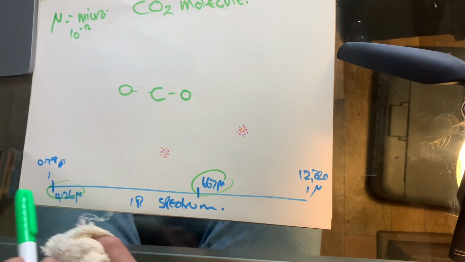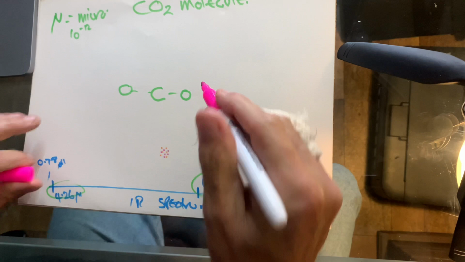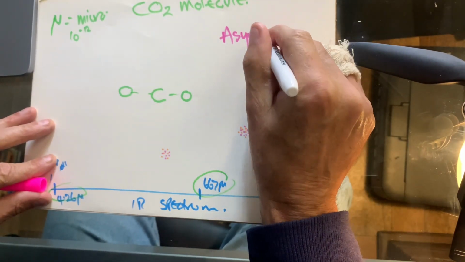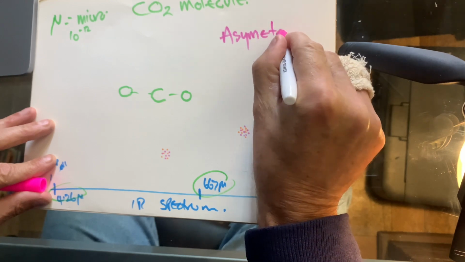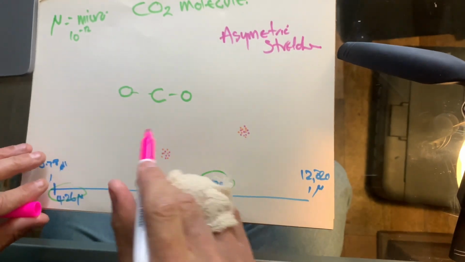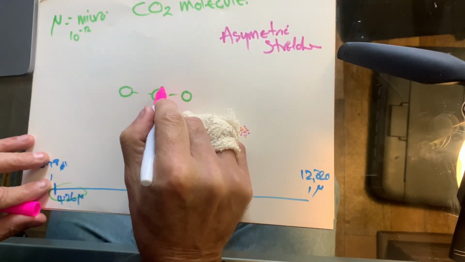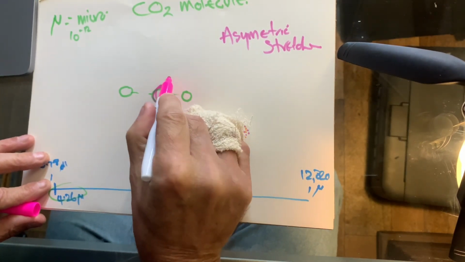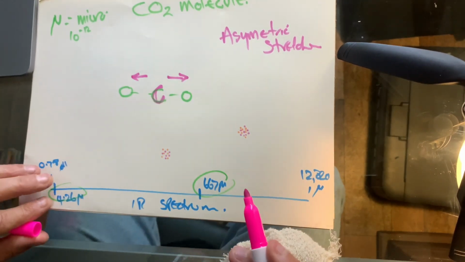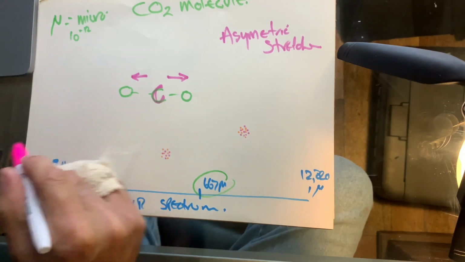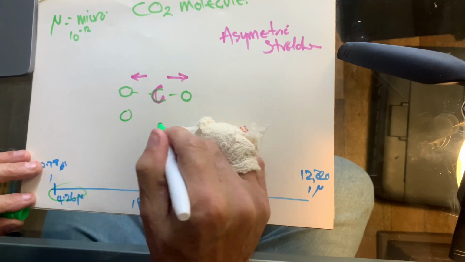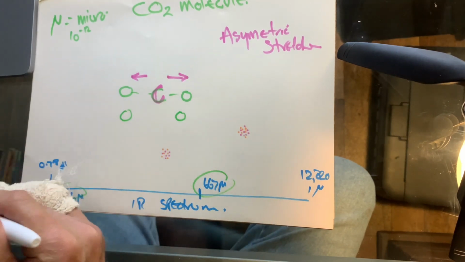Now, if the CO2 molecule is exposed to a photon of 4.26 micrometers, then you're going to start to see asymmetric stretching. What that means is the carbon is going to start wobbling that way and then the other way.